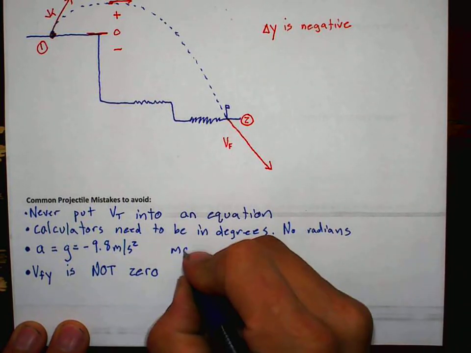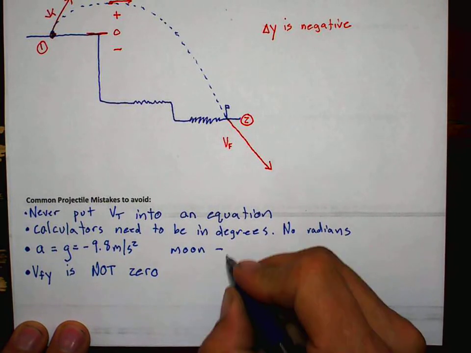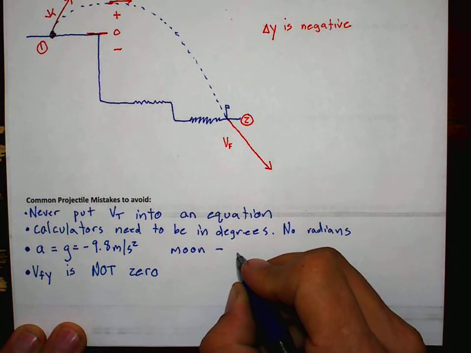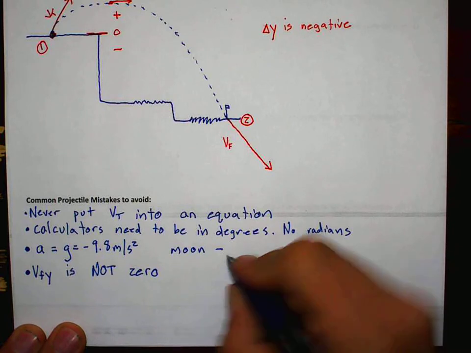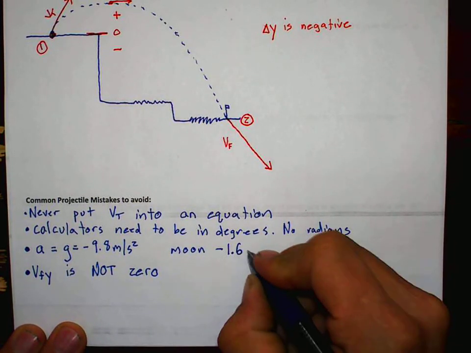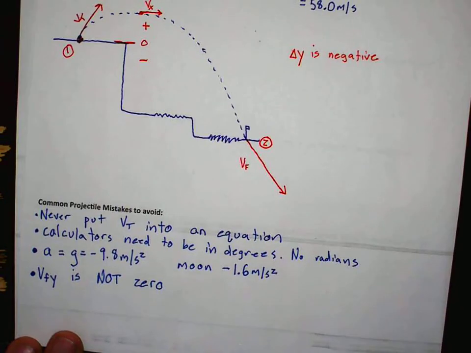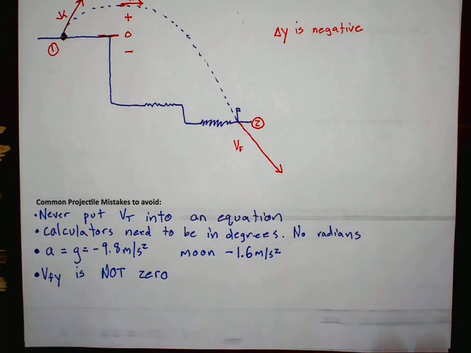Anybody? I want to say 3.6. You will learn this later. But it's 1.6. I like to throw that up every once in a while just to remind us that little g is not always negative 9.8. Yes, in the future we will deal with that.